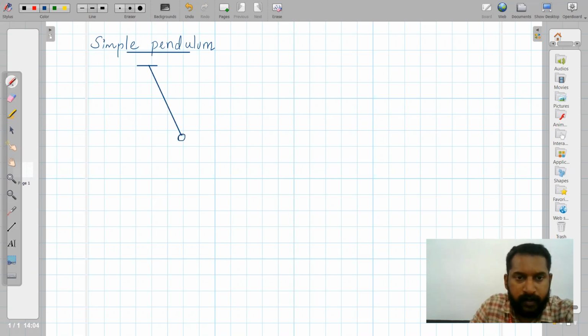On one end, there is a mass, say M. The length of the string is defined from the point of suspension to the center of gravity of the mass, and it is L.